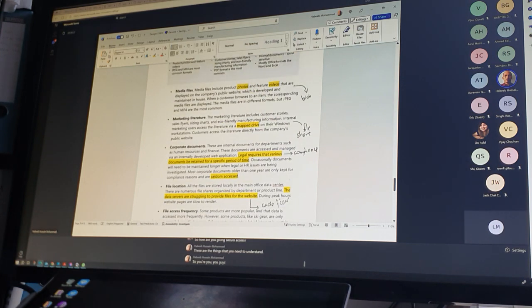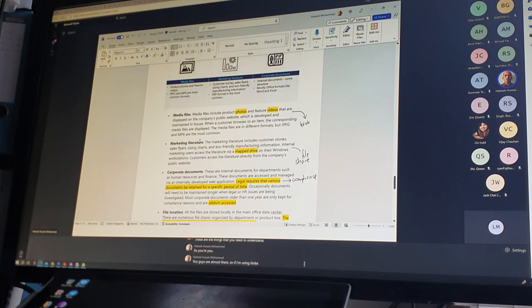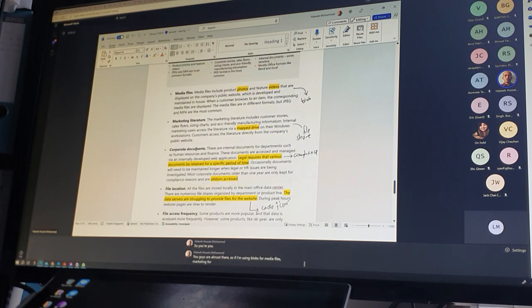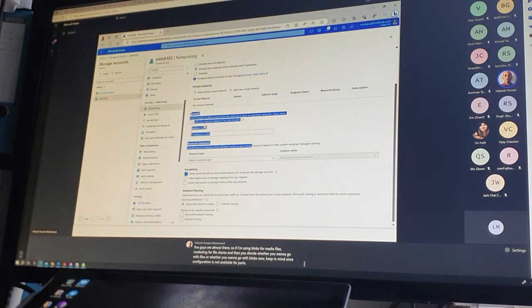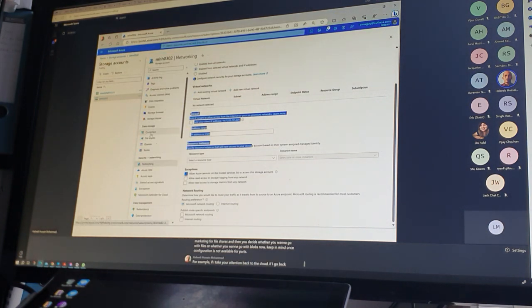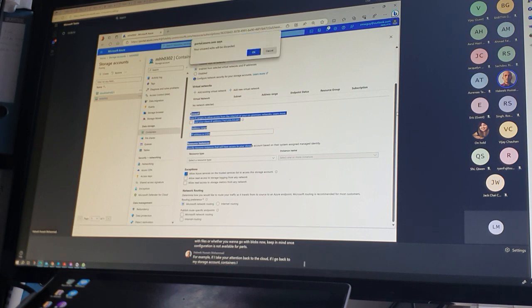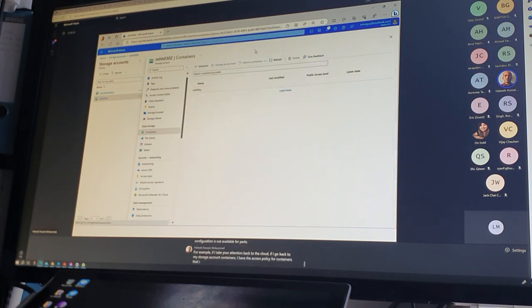So you guys are almost there. So if I'm using blobs for media files, file shares for marketing, and then you decide whether you want to go with files or whether you want to go with blobs. Now keep in mind, immutable configuration is not available for files. For example, if I take your attention back to the cloud, if I go back to my storage account containers, I have the access policy for containers.